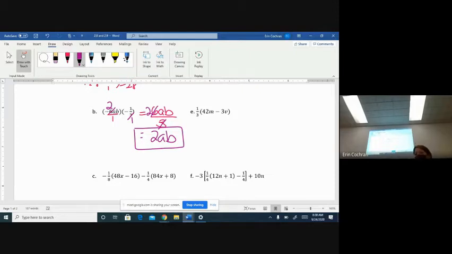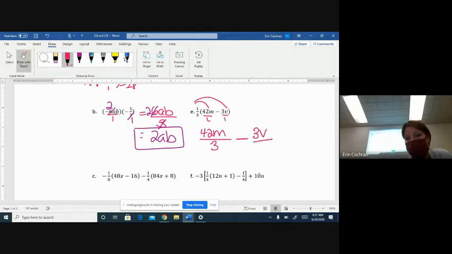Okay. All right, then E. What are we going to do in E here? Distribute. So I'm going to take 1/3 times each of those, and these are just over 1, right? So we're going to have 1 times 42m is 42m over 3 times 1 is 3. 1/3 times a negative number is going to be negative. 1 times 3v is 3v over 3 times 1 is 3.